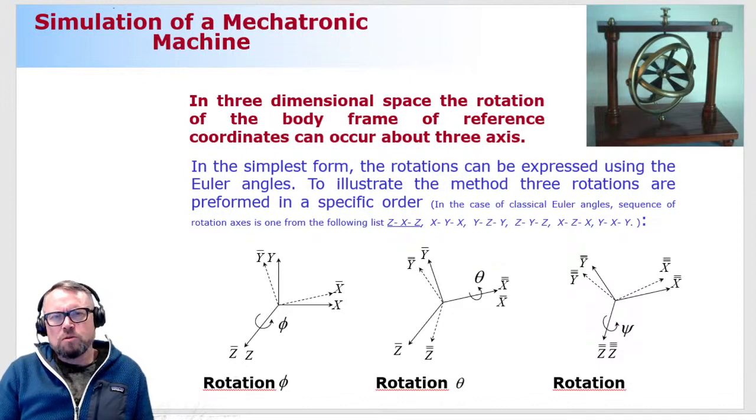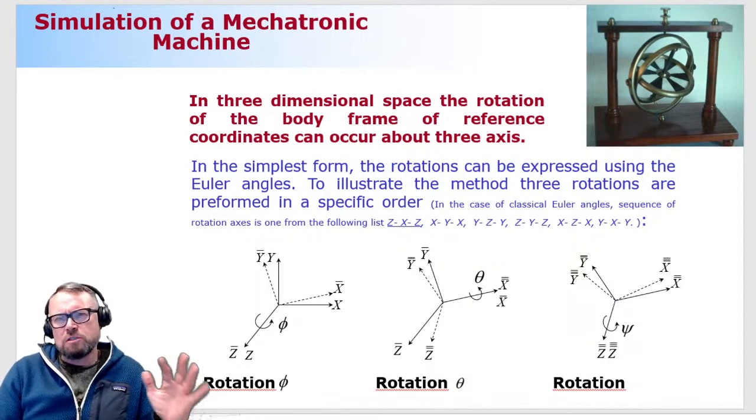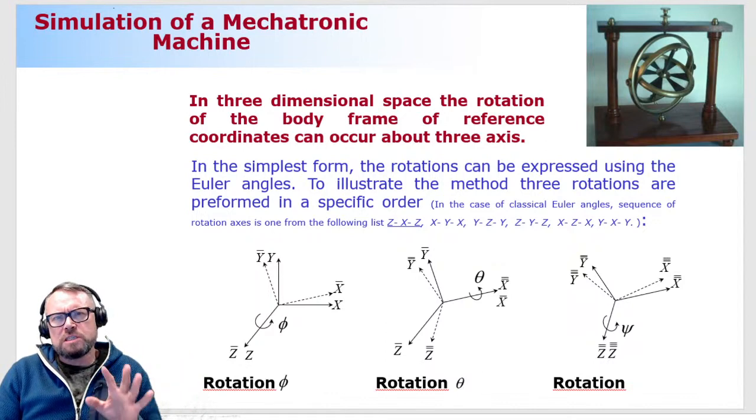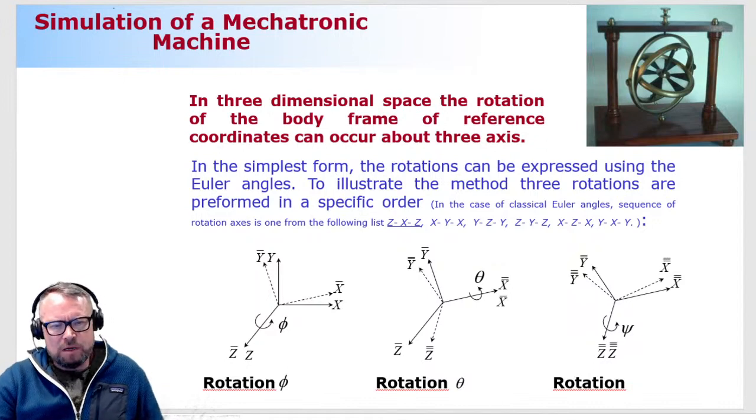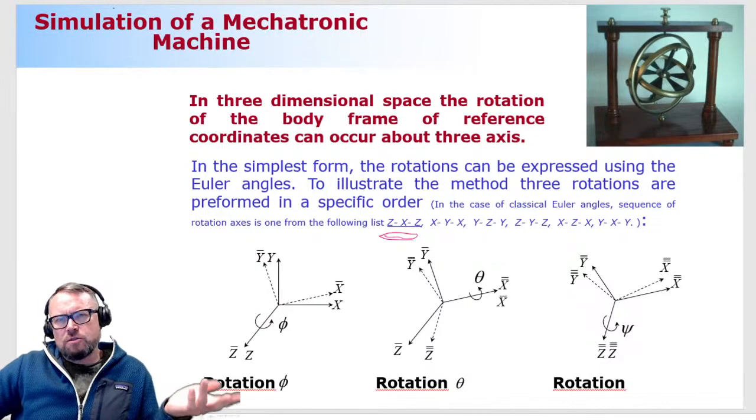Anyways, one of the most commonly used descriptions of rotation is a method based on Euler angles. Euler angles can be used in many different sequences of rotations, but the most often used sequence of rotation is the one that is shown here. So it's the Z, X, Z sequence of rotation.